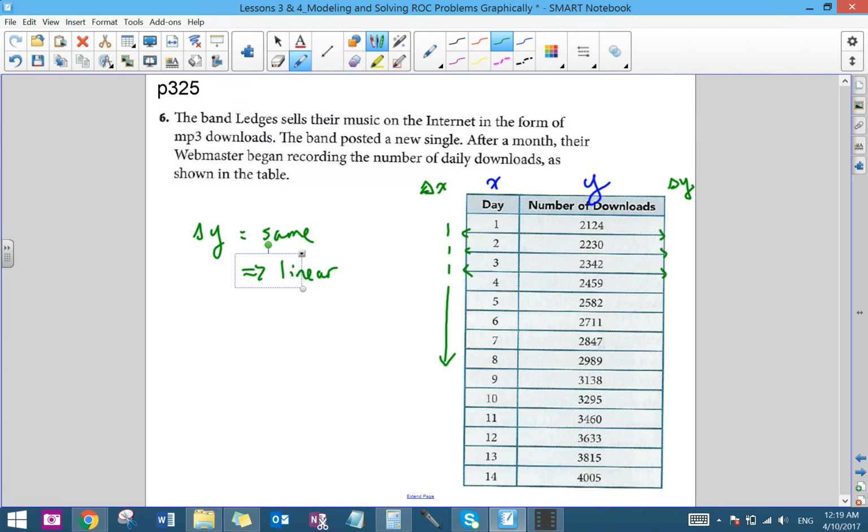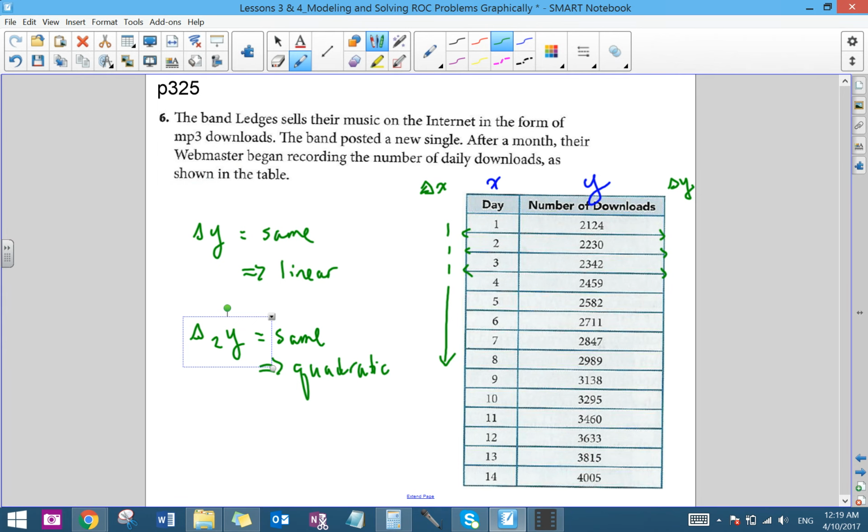Then we could take the second differences, or the differences in the first differences, and if they're the same, then we know we've got a quadratic. I mentioned the nonlinear nature earlier, but if we really want to know, this is one way we could tell without having to manipulate the graph too much.